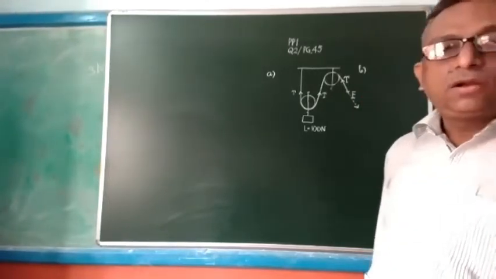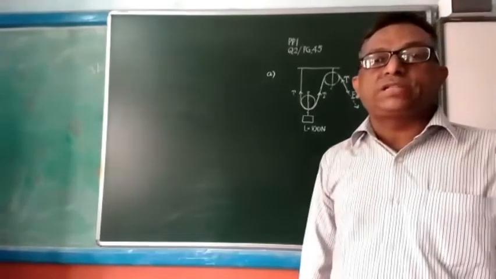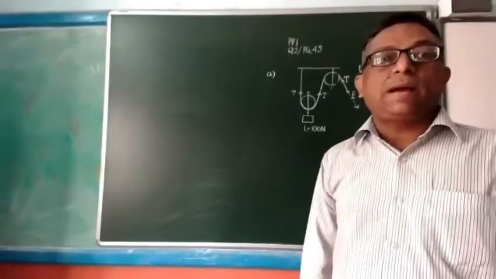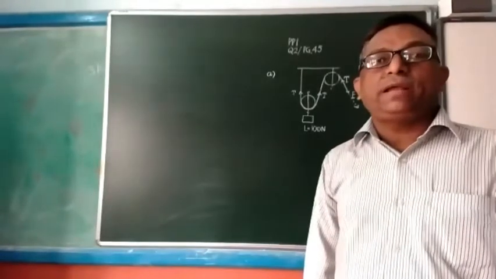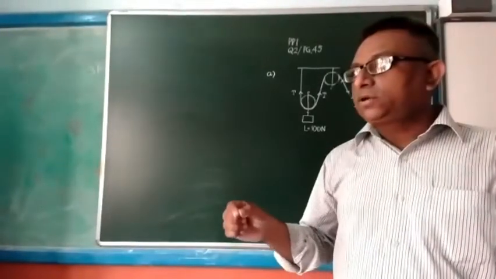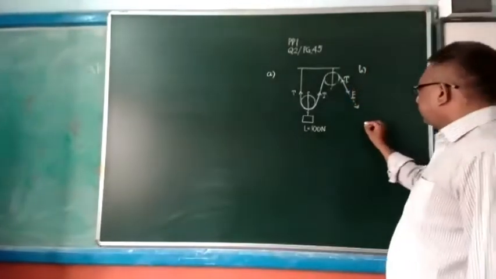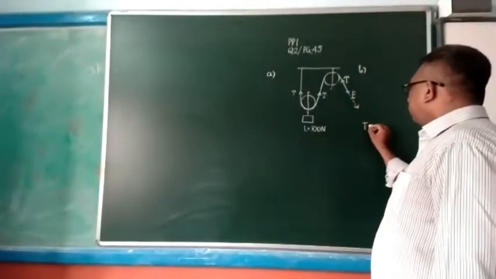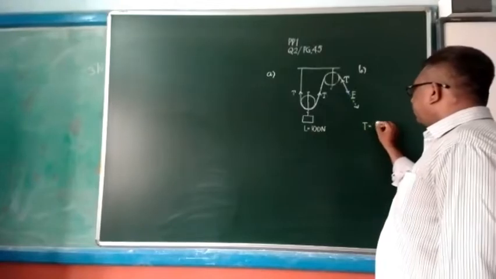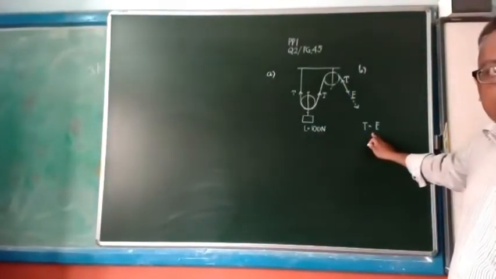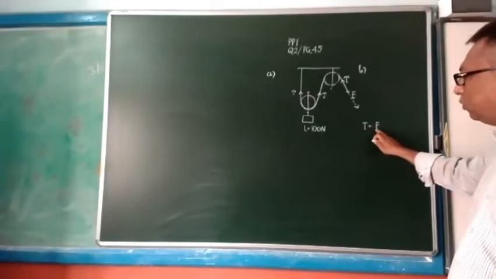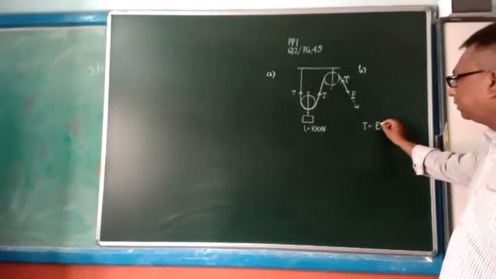What is a couple? Two equal and opposite forces. If two equal and opposite forces are applied on a body, clear? So we can write here T equal to E.